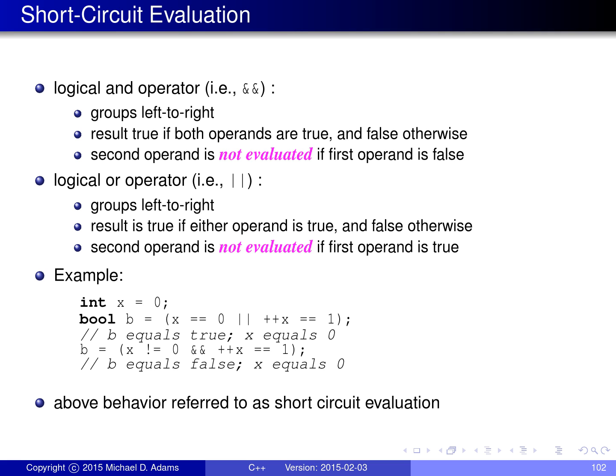At this point, I'd like to make a few comments about the logical AND and logical OR operators. So first of all, the logical AND operator, which is denoted by the double ampersand, takes two operands. The result of the logical AND operator is true if both of the operands are true and false otherwise. And what's important to understand about the logical AND operator is that in the case that the first operand evaluates to false, the second operand is not evaluated.